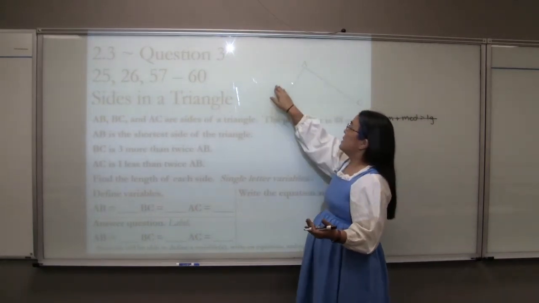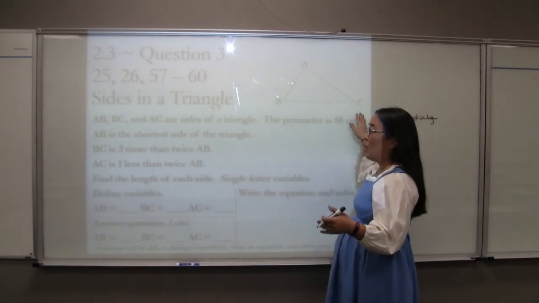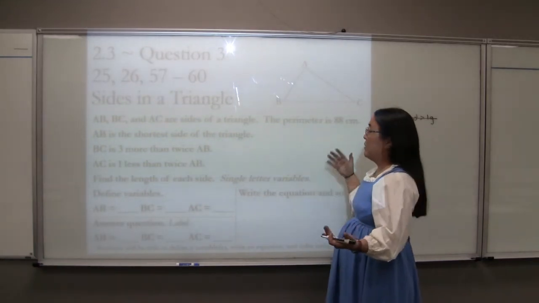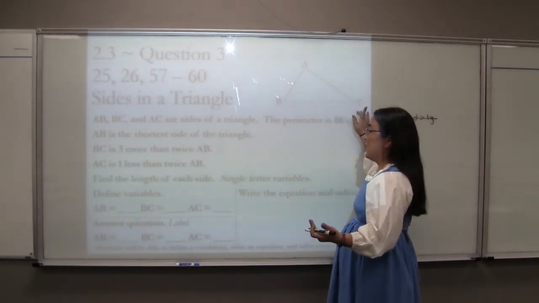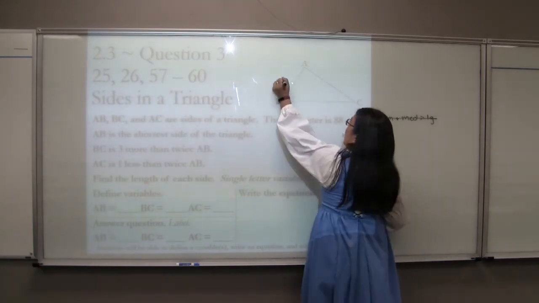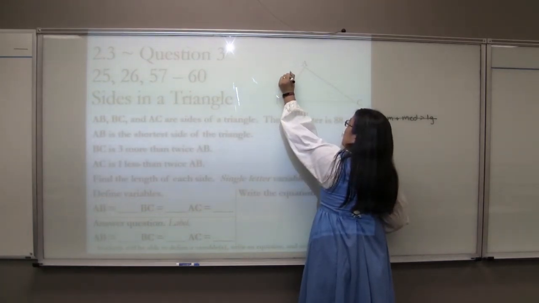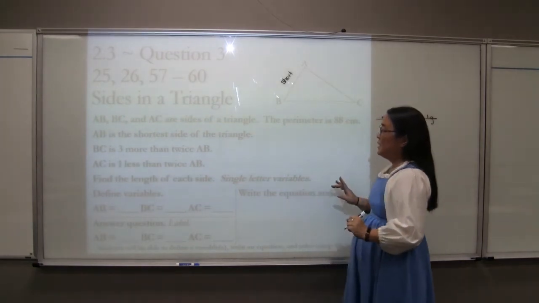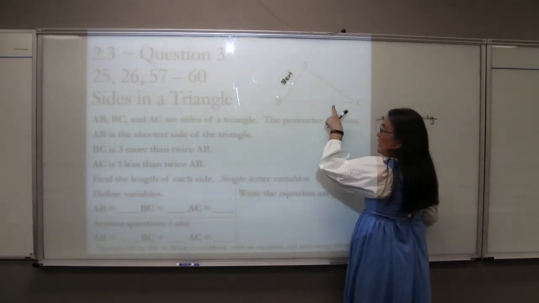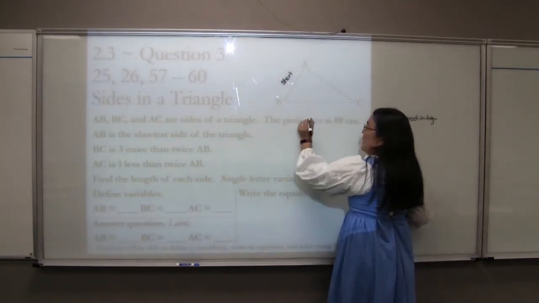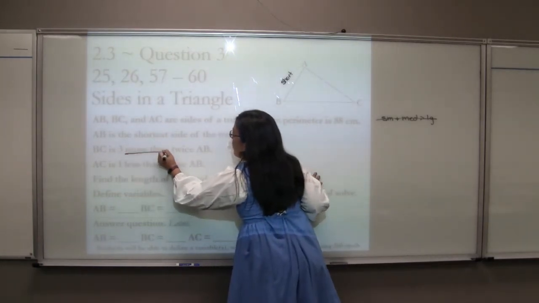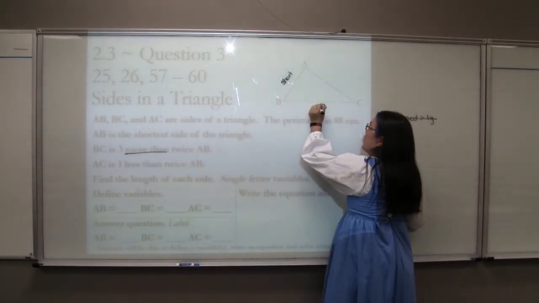Perimeter means the sum of all 3 sides, or all of the sides of any figure that has straight sides. AB is the shortest side. Cool, we're going to make a note that this is the short side. All right, BC, this length is 3 more than twice AB. Remember these phrases: 3 more than twice AB.